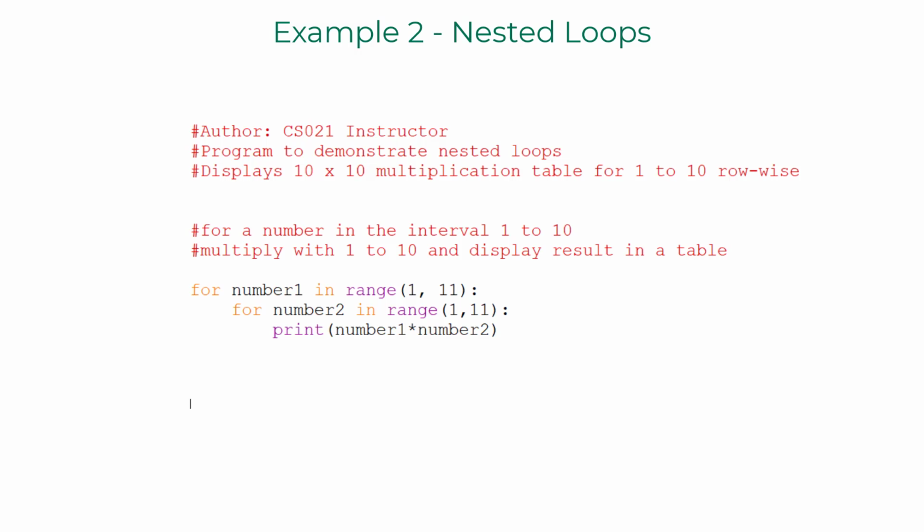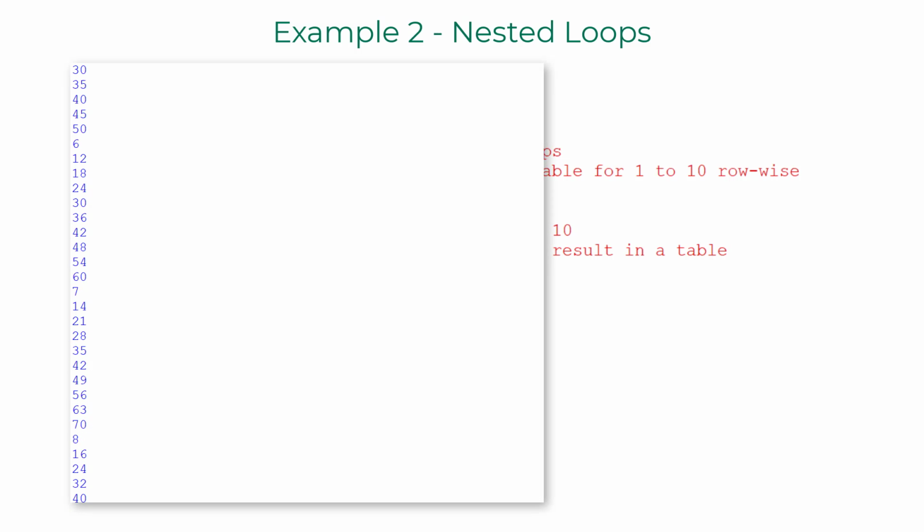I'm confident that this program displays all the numbers I want, but does it display it as a 10 by 10 table? Let's find out by running it. Oh no, looks like it's printing everything line by line. While we have all the multiples from 1 till 10, they're not being displayed in a 10 by 10 table.